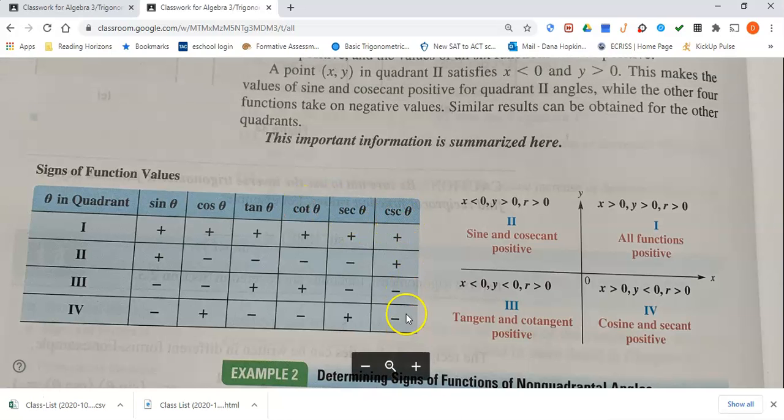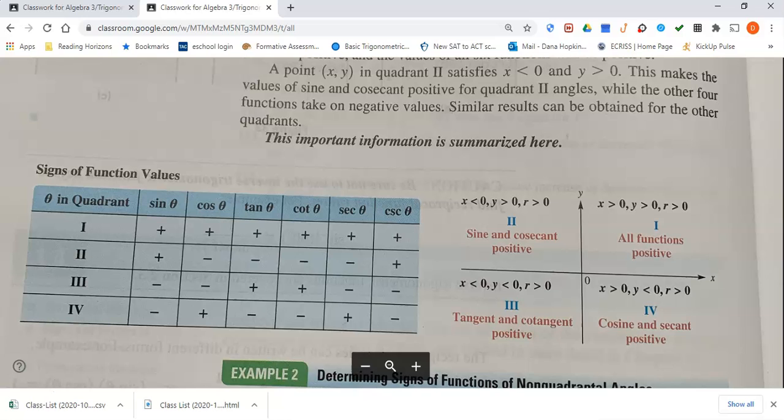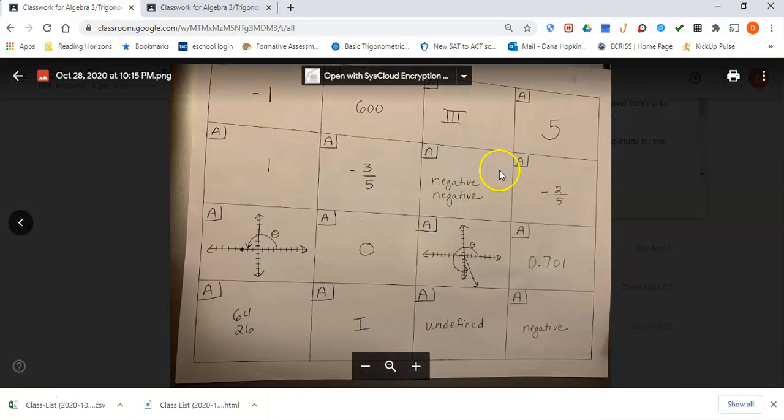Negative would be 3 and 4. So it satisfies the condition in quadrant 3. And again, we can check our answer by looking at the answer sheet that's provided. We've got quadrant 3. Oh, here it is up here. So it checks out.